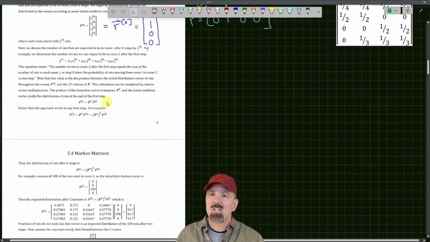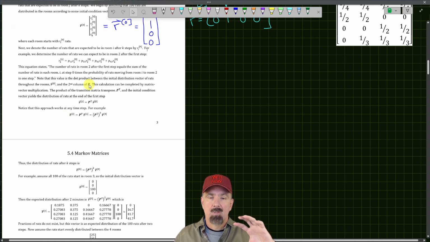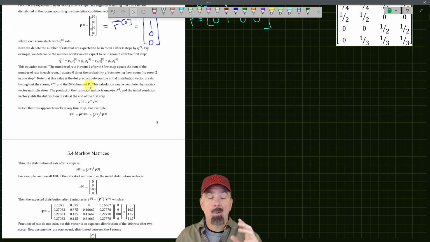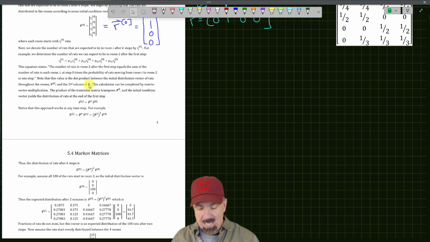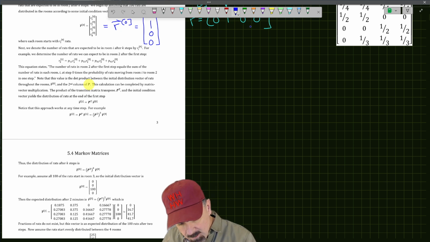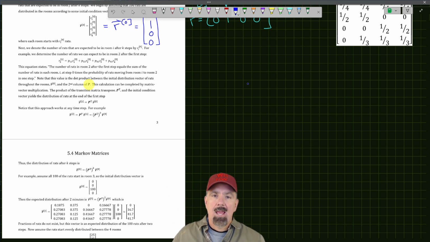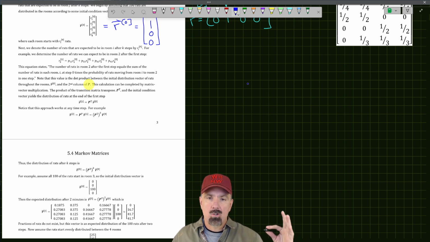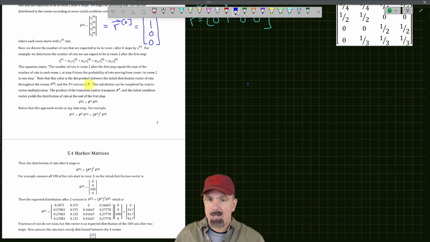There's a conversation here about how we look at the distribution, and really it's just applying the probabilities of a certain number of steps and multiplying by the initial distribution of whatever our objects are. In this case, we're talking about rats.